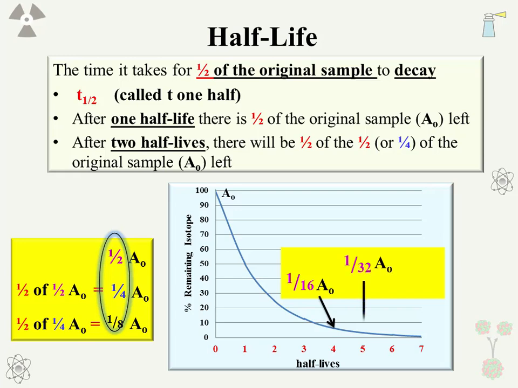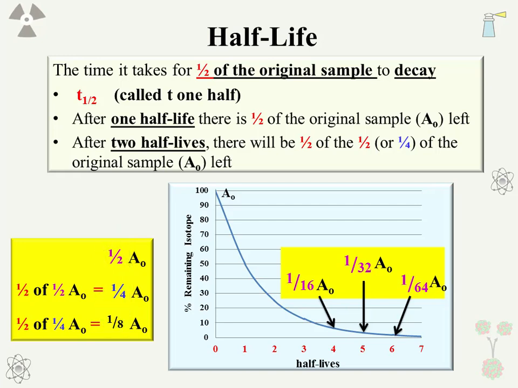At 5 half-lives, it's 1/32 of the original amount. Divide 16 by 2 to get 32. And at 6 half-lives, it's 1/64. Keep dividing the denominator by 2. 1/64 is a pretty small amount, so we see that it does not take that many half-lives before most of the original isotope is gone.